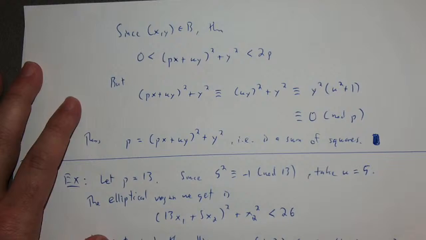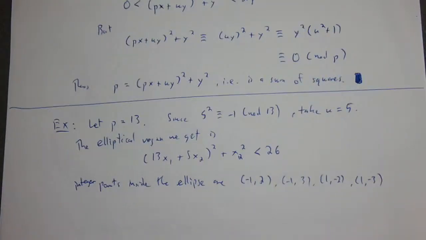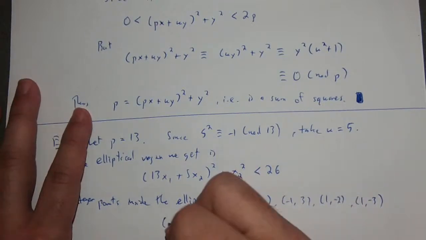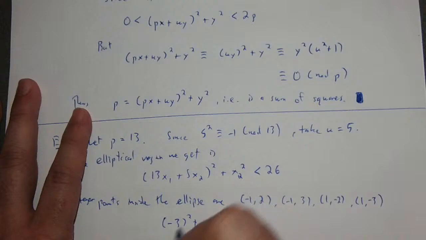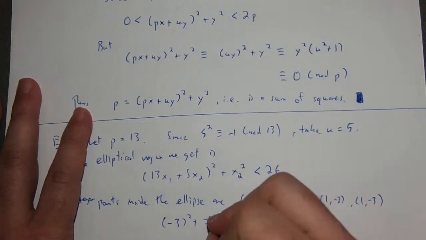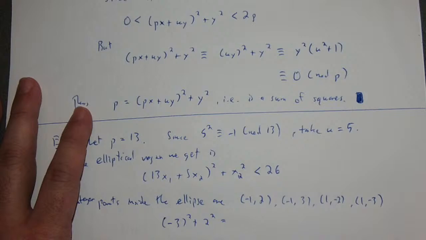Or sorry, 1 minus 3. So those 4 points. So you can just check, like minus 3 squared plus 2 squared is 13.